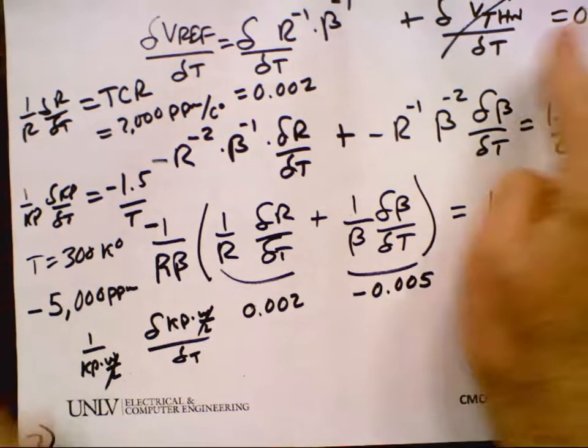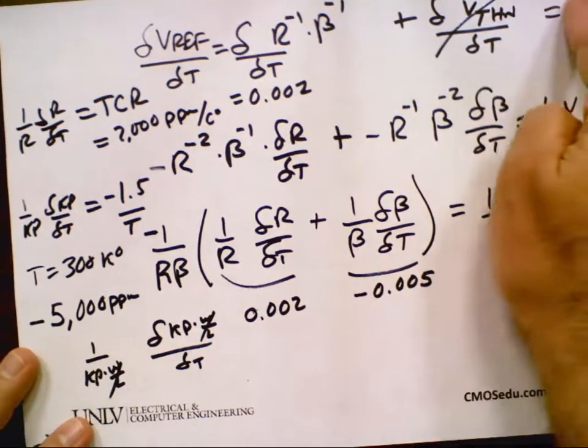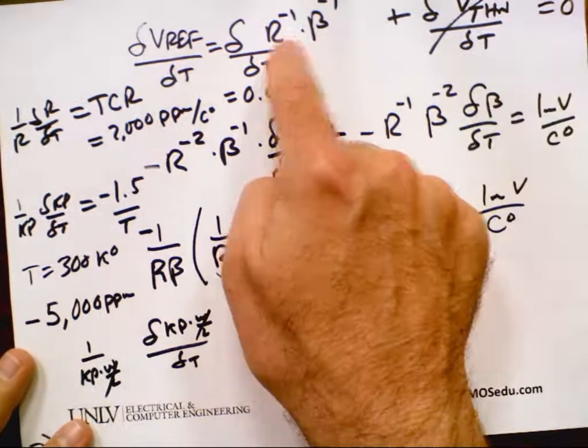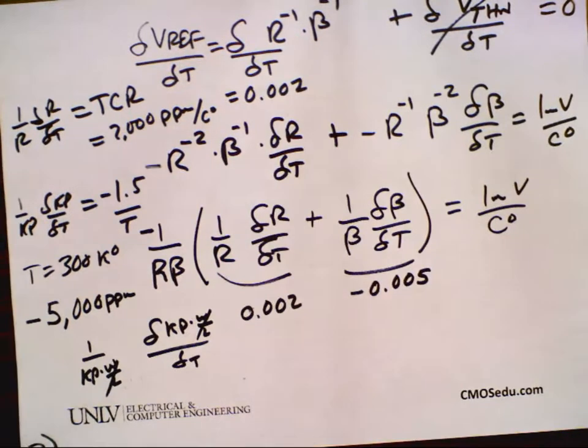The change in the threshold voltage with temperature was minus 1 millivolt. I said, oh, I can move that over here. I took the derivative of this part, R and beta. No, well, but keep in mind, I took the K out, right? So if I play around with the K, I can probably get closer to 0. But let's hold off on that for a moment. Let's just calculate what this is.